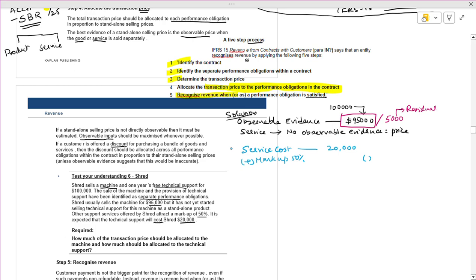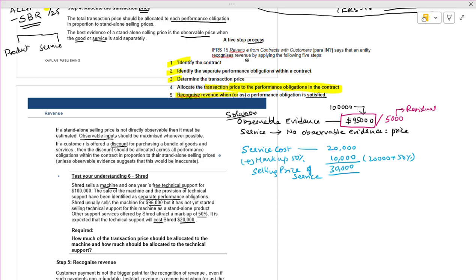It comes to how much? 20,000 times 50%, it comes to 10,000. Means selling of the service, this is the selling price of service. Okay?